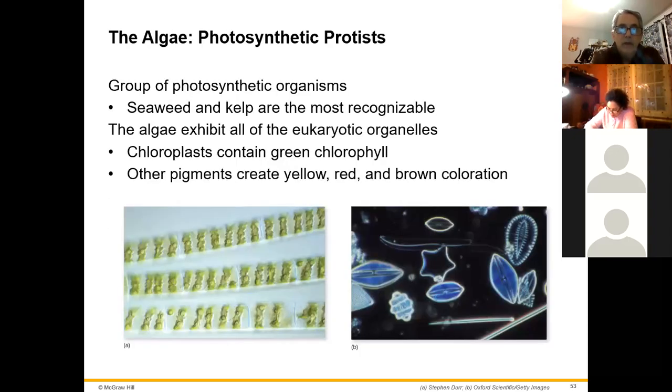Some protists, like the algae, are photosynthetic. Seaweed and kelp are the most easily recognizable forms. Algae exhibit all the eukaryotic organelles. They have chloroplasts that contain green chlorophyll. They can also have some other chlorophylls that give them yellow, red, and brown coloration.